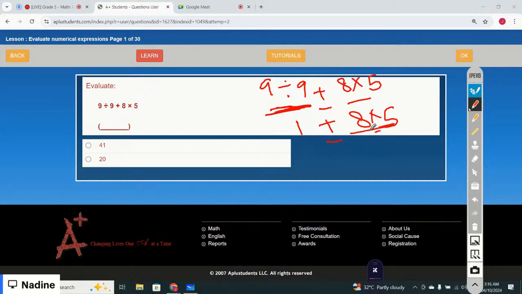You have to perform multiplication first because multiplication has higher priority over addition. 8 times 5 is 40. And in the end, you add. 40 plus 1 is 41. The correct option is option number 1, 41.